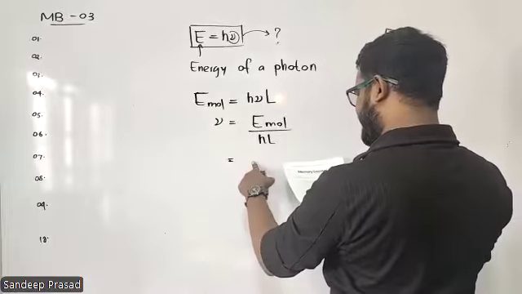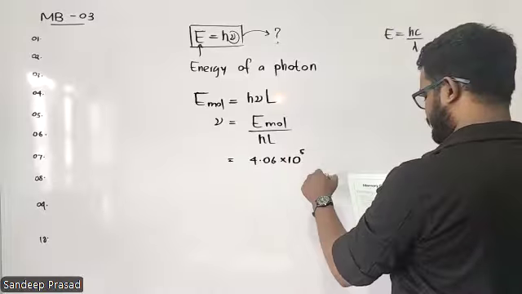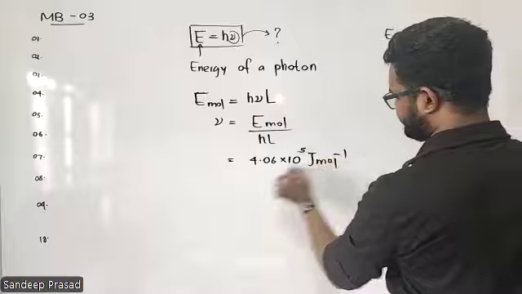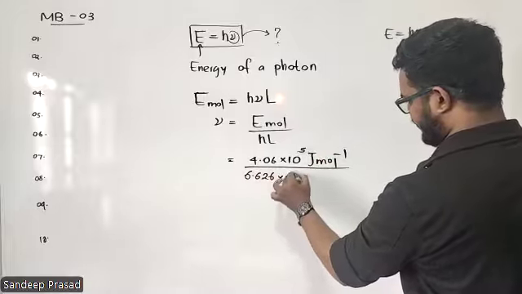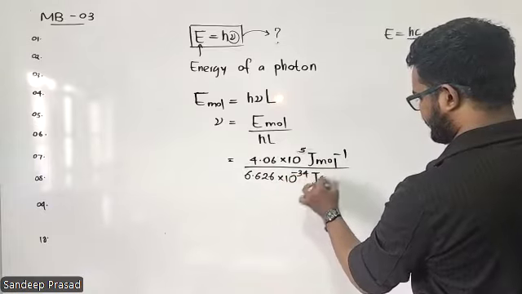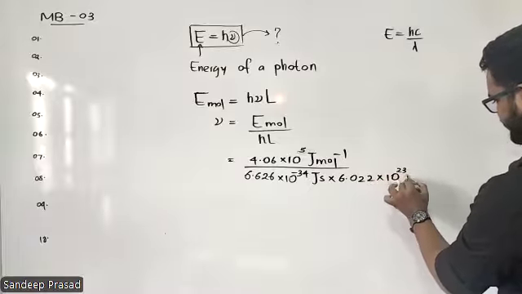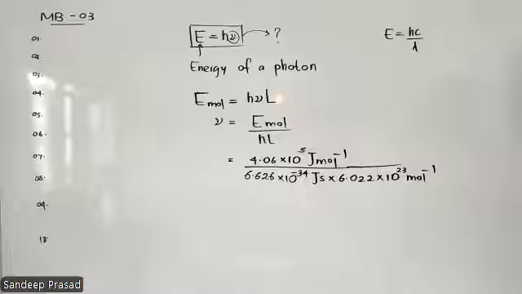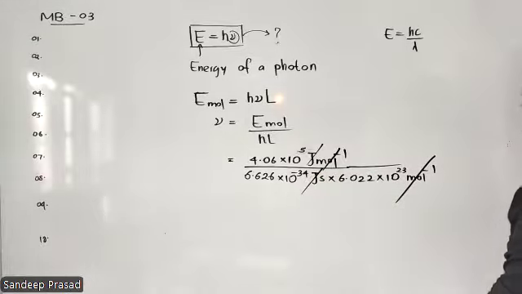So what is the energy they have given? 4.06 × 10^5 joules per mole. What is Planck's constant? 6.626 × 10^-34 joule seconds. Avogadro number 6.022 × 10^23 per mole. Per moles will cancel off, joules will cancel off.